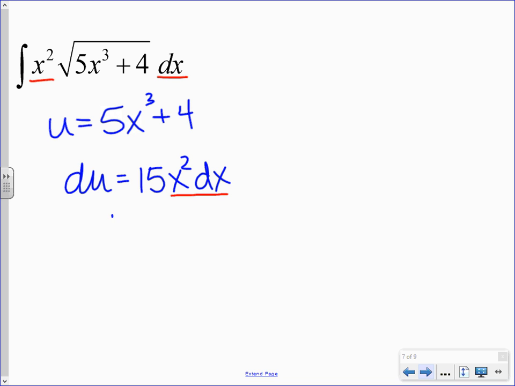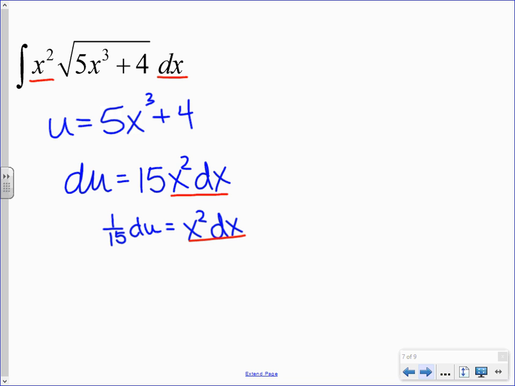Okay? So we can write that 1/15 du equals x squared dx. And now we have something to substitute in for x squared dx. Okay? So if you're off by just a coefficient, divide that coefficient over so you have exactly what is inside of your integral. Okay?